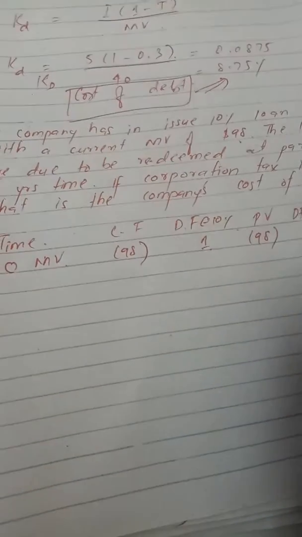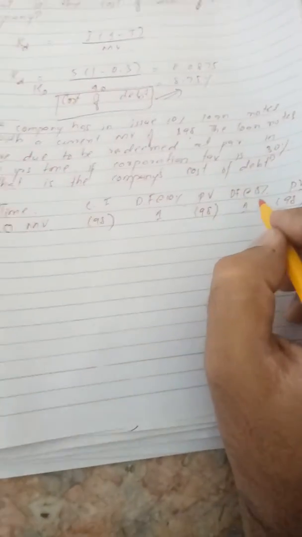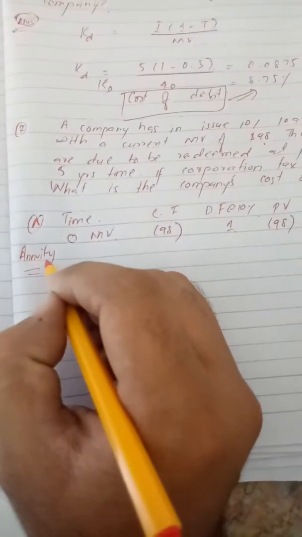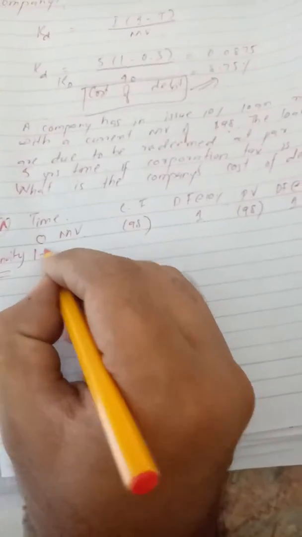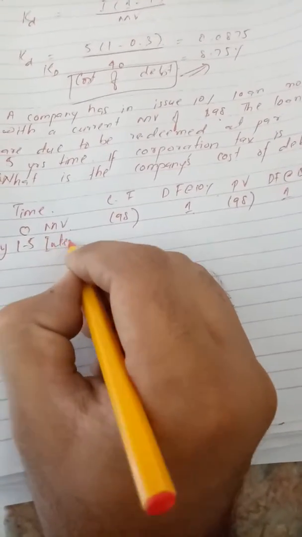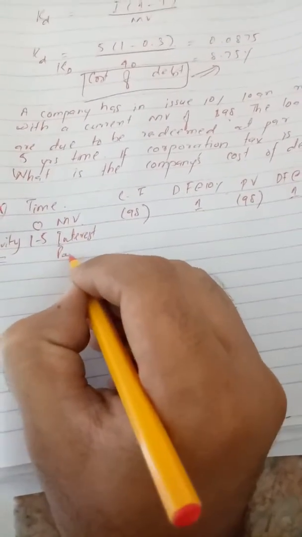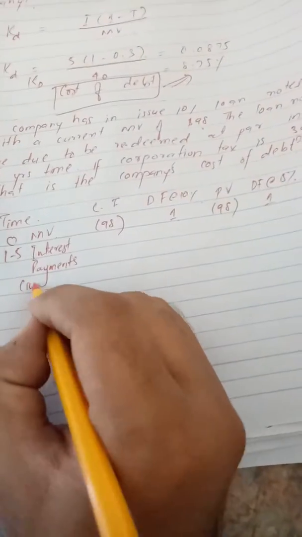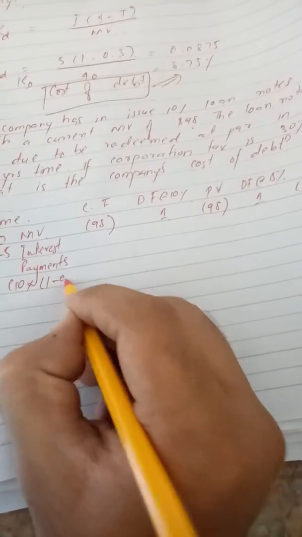And this is annuity, for years 1 to 5, that would be interest payments, and that would be 10 multiplied by (1 minus 0.3).